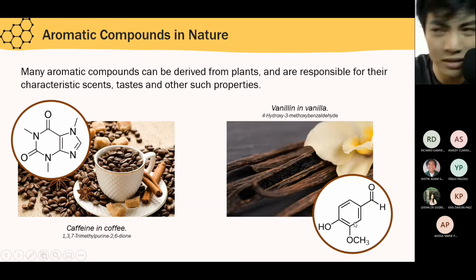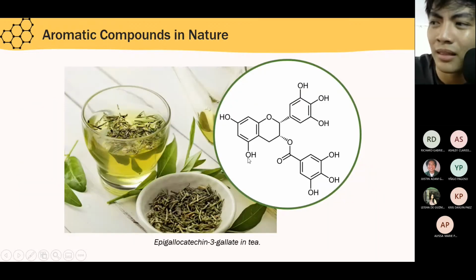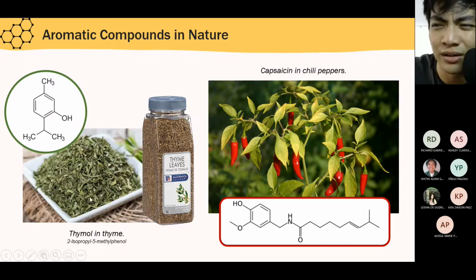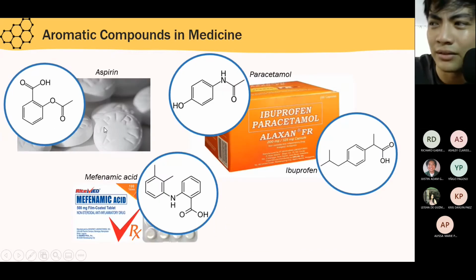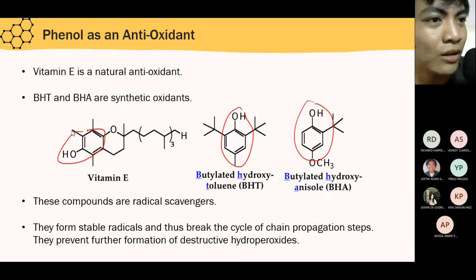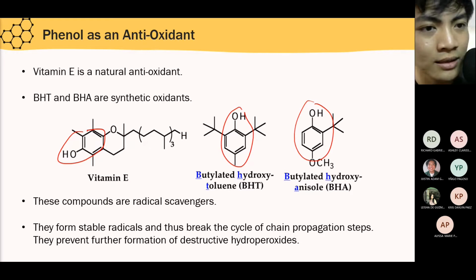Meron siyang, may phenol siya. You have your tea. Ang dami niyang phenol. Okay? Your thymol, you have your phenol. Even capsaicin, it has a phenol. Ayun. So, yung mga natural products na yun, marami siyang phenol. Tawag doon polyphenol. And polyphenols are good antioxidants.